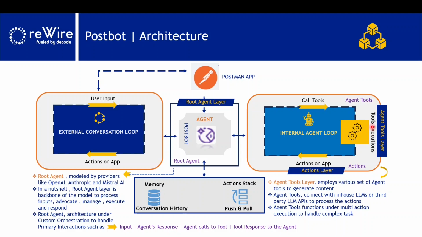Once that agent tool is called, that agent will decide what action has to be taken. That action is fed to the actions layer, which then gives it back to the root agent. The root agent keeps that information in memory, in the action stack.